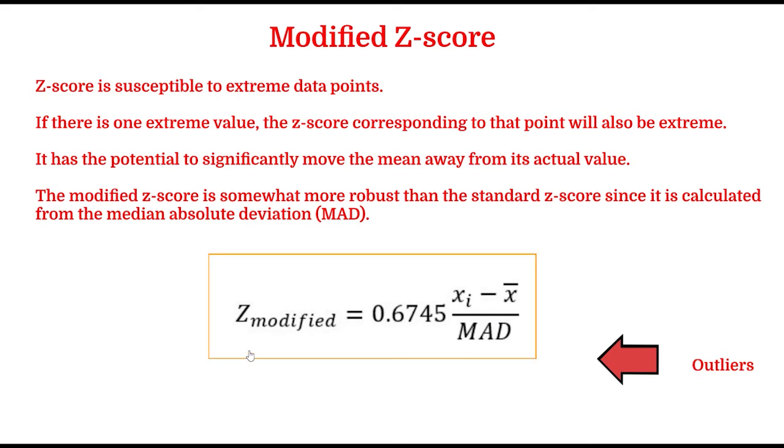Since the modified z-score relies on the median value instead of the mean, it is less susceptible to any outlier. We can use the cutoff value of modified z-score at 3.5. I will share the reference link for this.